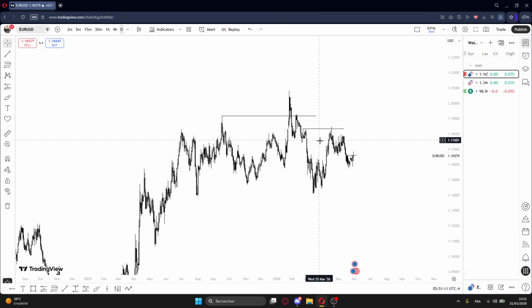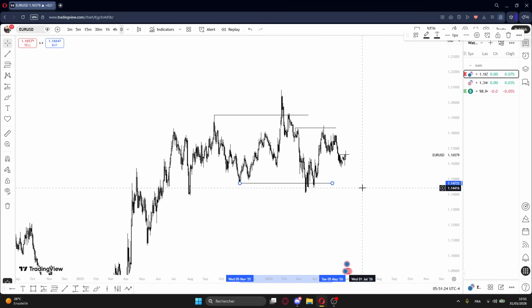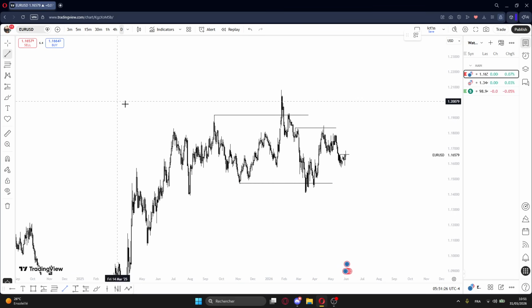So it's fair enough to say that if I draw this market like this, it's also fair to draw it like this. Number one, then number two, false breakdown, and also number three, SMT. It's also fair to do both.